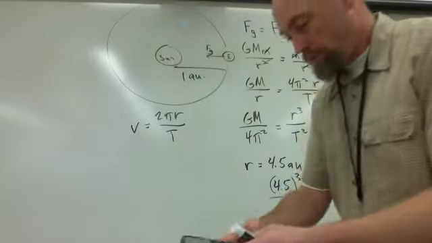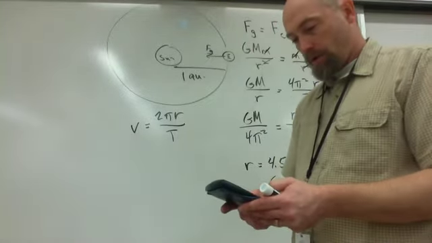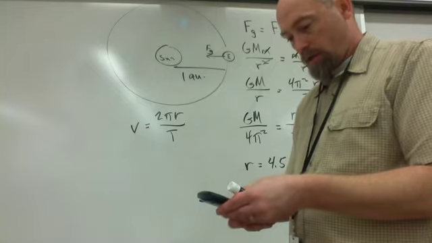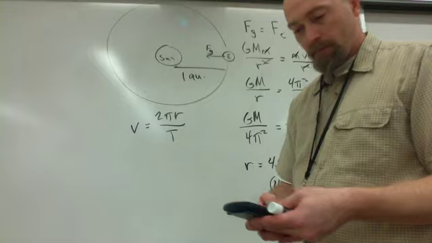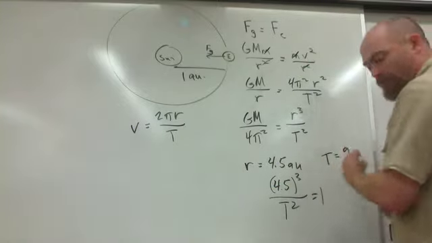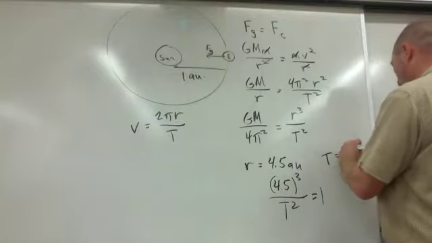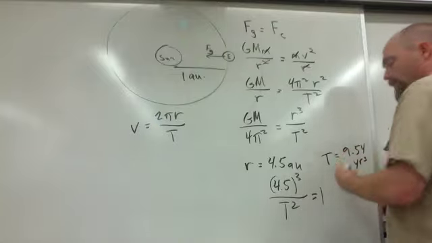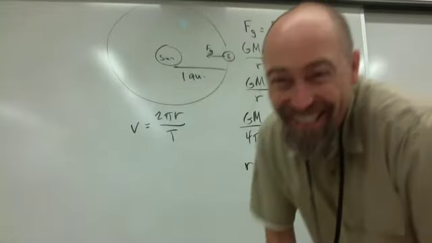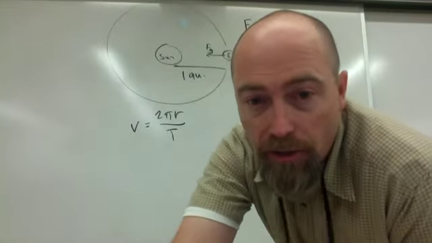So I go 4.5 raised to the third, and then I take the square root of that, and the period for that object would be 9.54 years, Earth years.